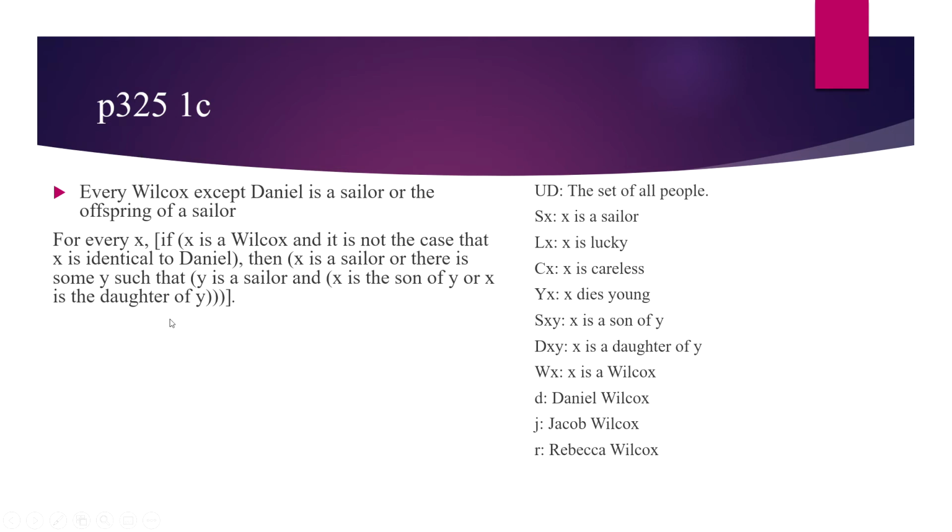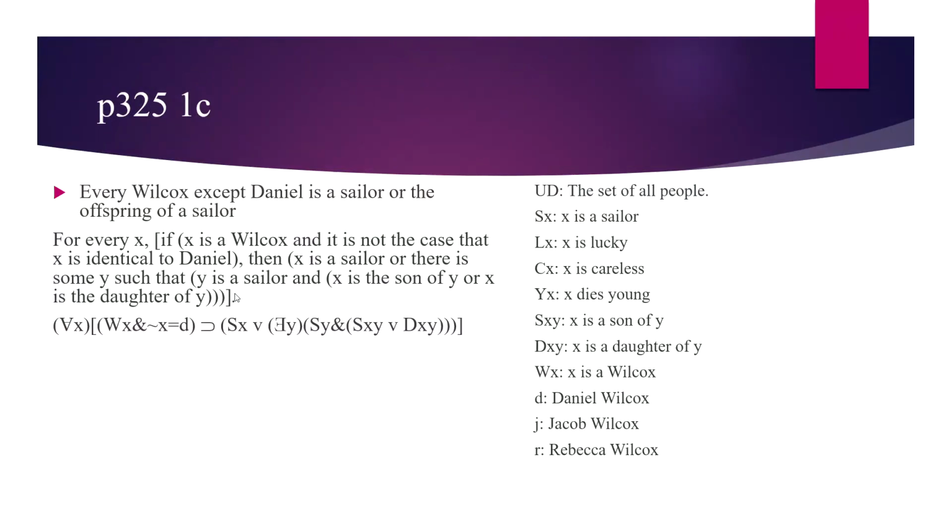So one more set, right? Y is a sailor and x is the son of y, or x is the daughter of y. So we end up with three parentheses and a bracket stacked here at the end. It's important to get that in and make sure you have it right, whether you do it while symbolizing or in your paraphrase, so that you do have a grammatically correct sentence.